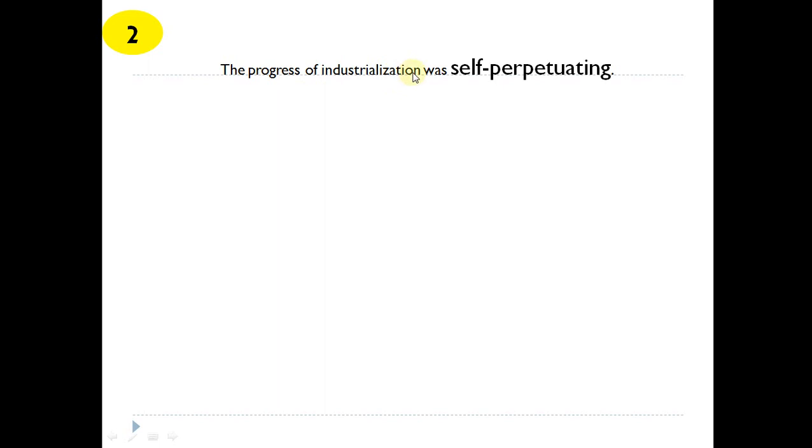If you had been a scientist during those days, during the Victorian era, and you came up with a machine that could slice tomatoes in a very short span of time, you might not have gained recognition out of this invention. Why? Because whatever you are doing should be helpful in this progress, in this process of industrialization.